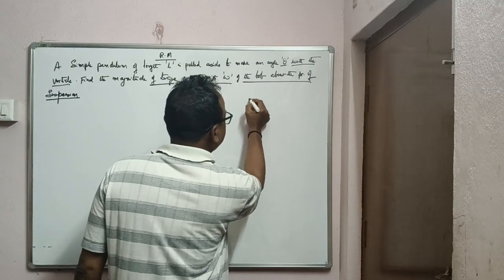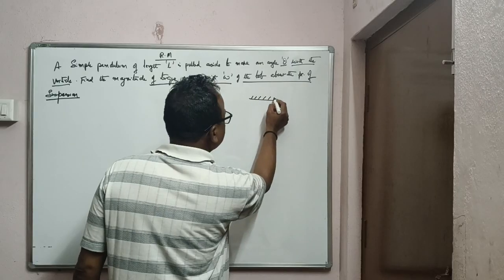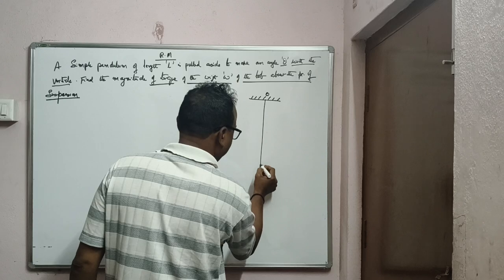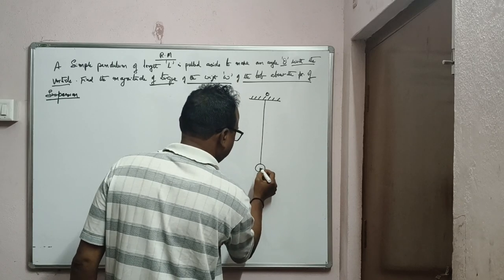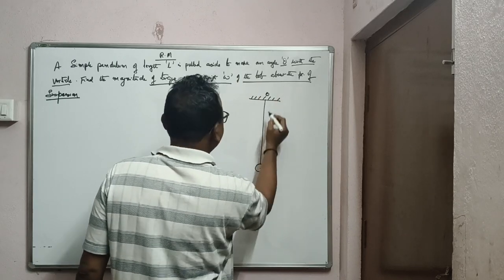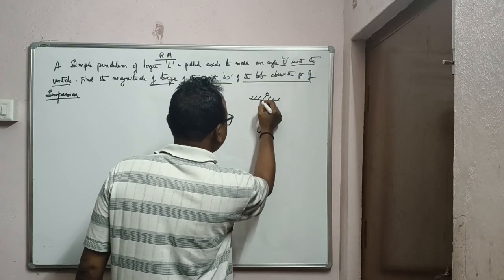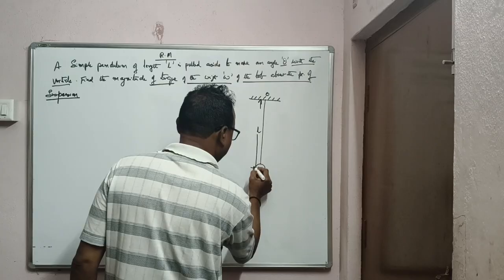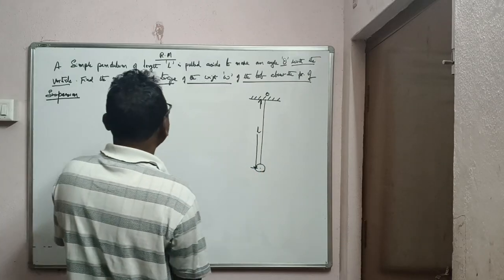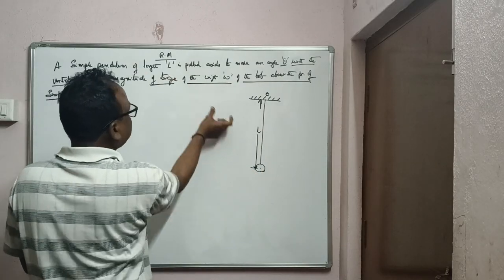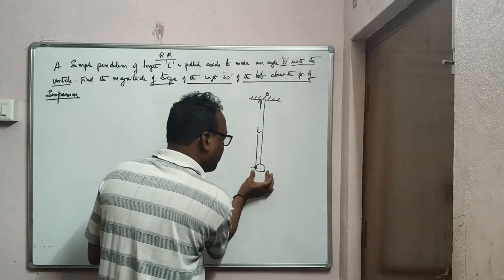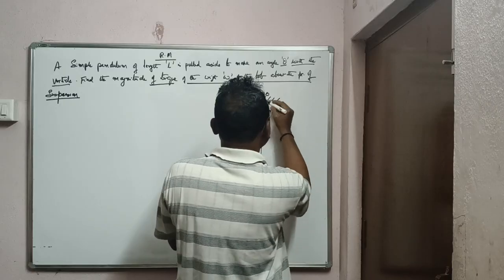So let us draw one figure for this. This is the point of suspension O. This is a simple pendulum, this is the center, and the length is given as L, the distance between the point of suspension and the center of the bob. The pendulum is pulled aside.